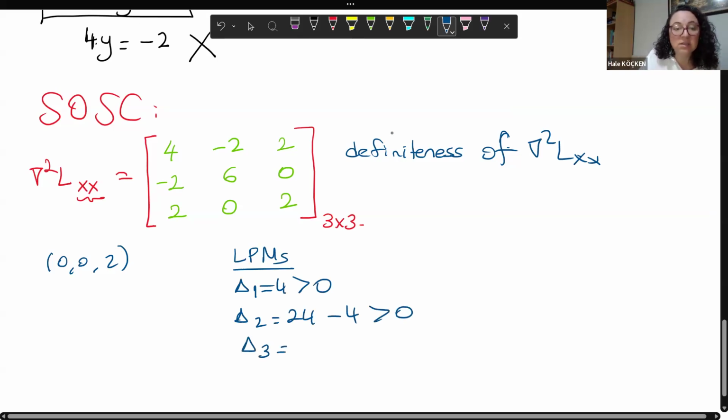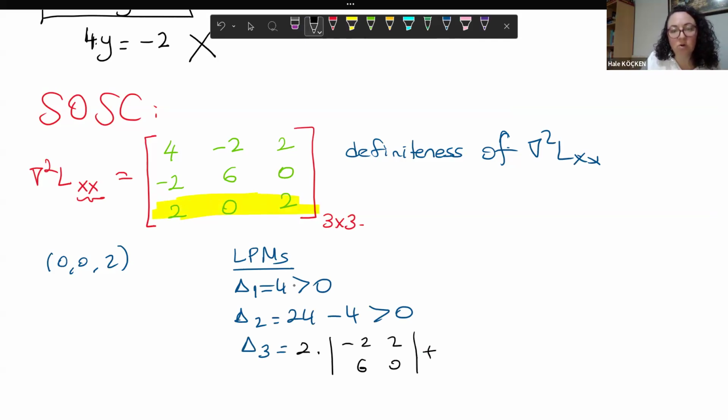Delta 3 is, let me focus on the final row and expand my determinant. 2 times the third one, so it is minus 2, 2, 6, and 0, plus 0 drops, 2. Again, it will be positive because it is position 3, 3, so plus an even number. There is no minus 1 to the power. 4, minus 2 and 6.